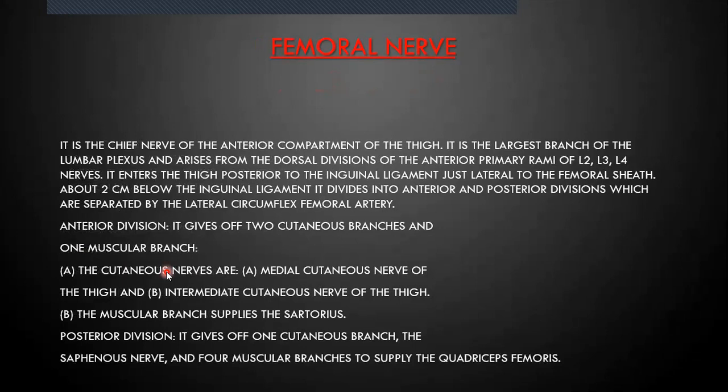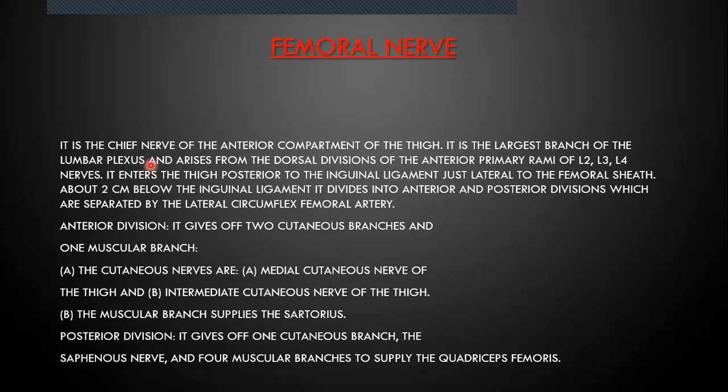Now let's look at the femoral nerve. Remember, if you have been watching my videos, I said its root values are the dorsal divisions of L2, L3, L4. It is the chief nerve of the anterior compartment of the thigh.